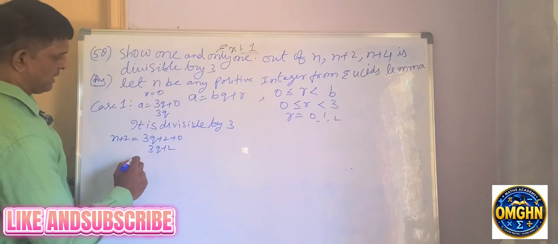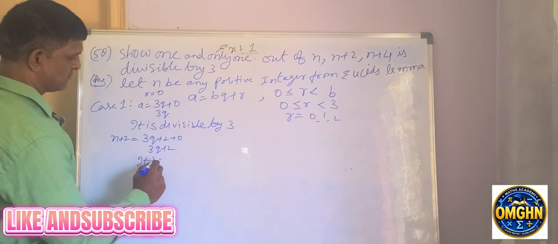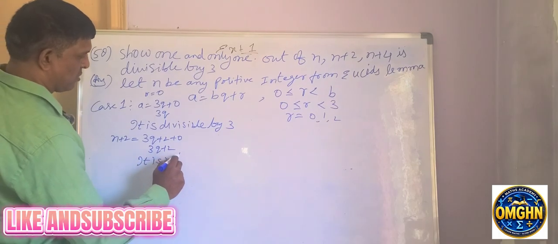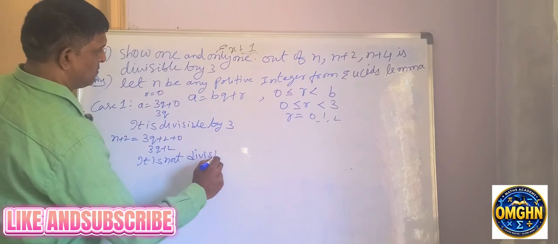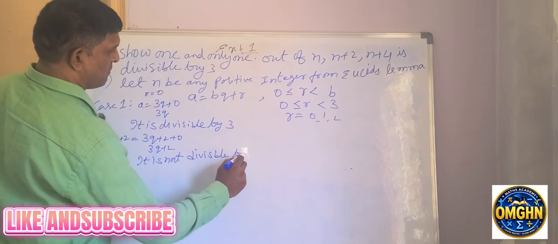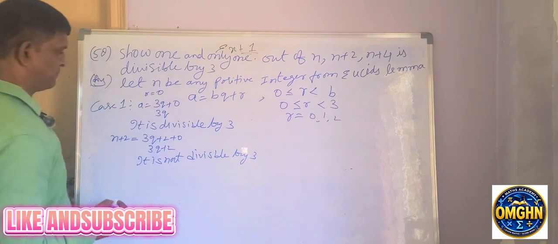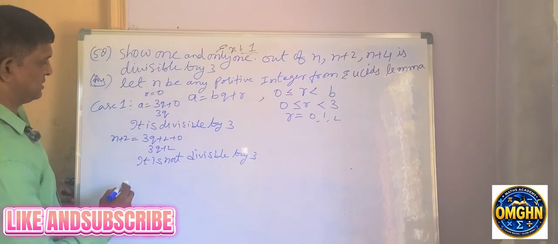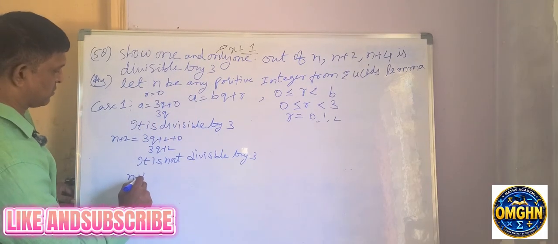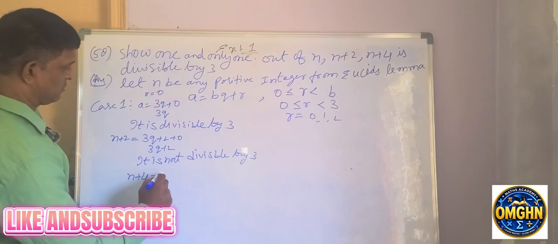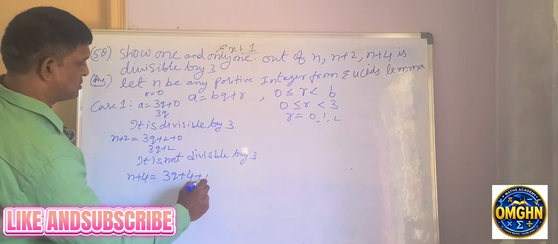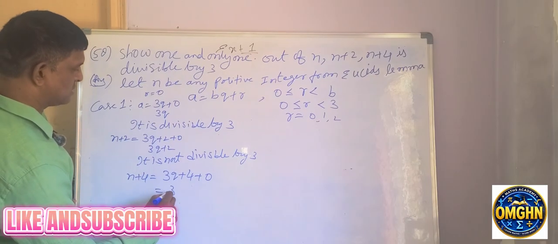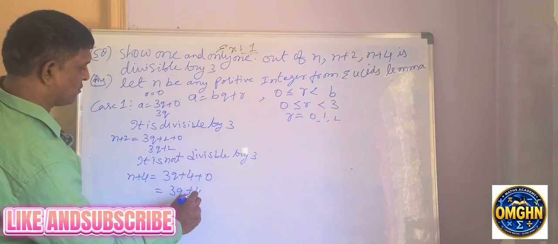Now next condition, n plus 2, that is 3q plus 2 plus 0, this 3q plus 2 we got. It is not divisible by 3. Now another condition is there, that is n plus 4, that is equal to 3q plus 4 plus 0, we got 3q plus 4.